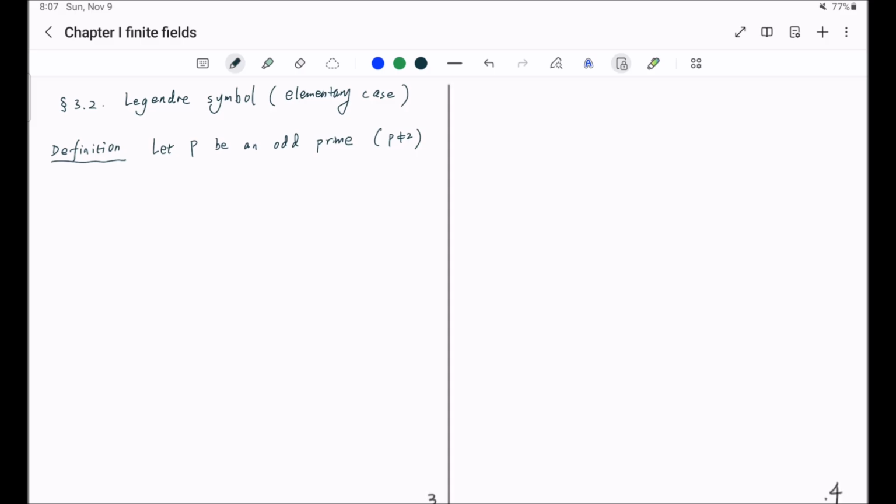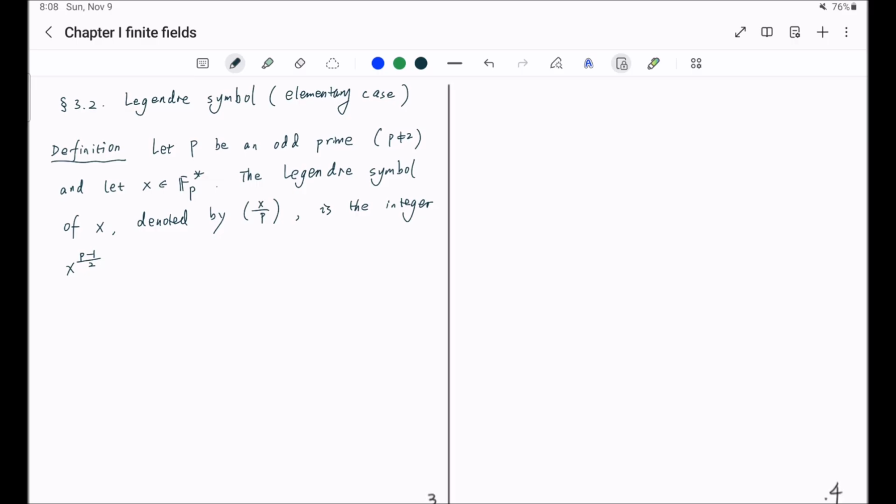Let x be a non-zero element in Fp star. The Legendre symbol of x, denoted by (x over p), is the integer x to the power (p minus 1) divided by 2.